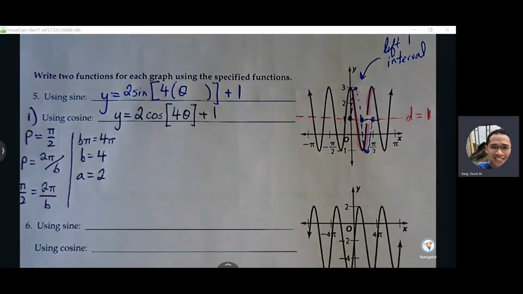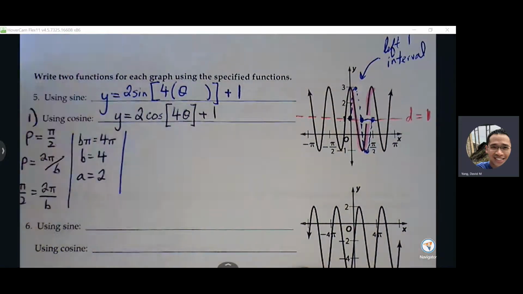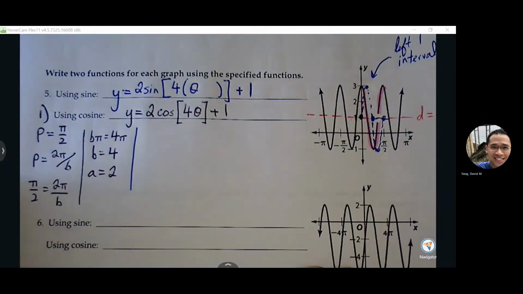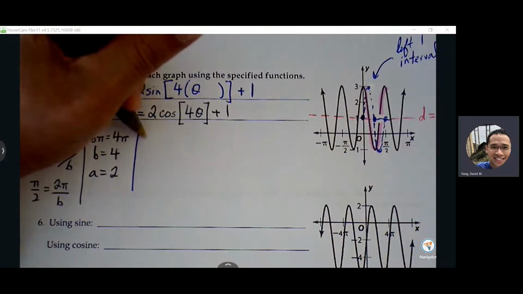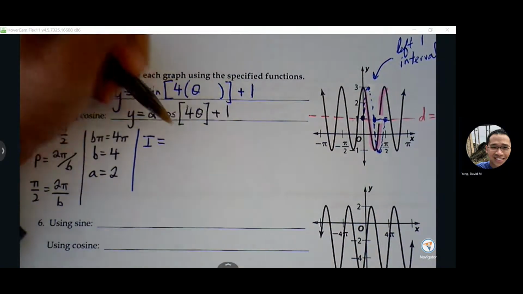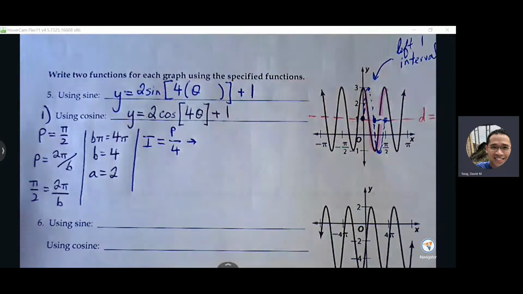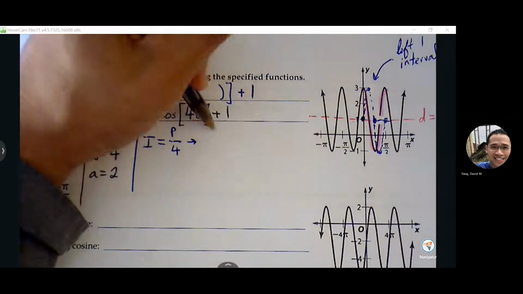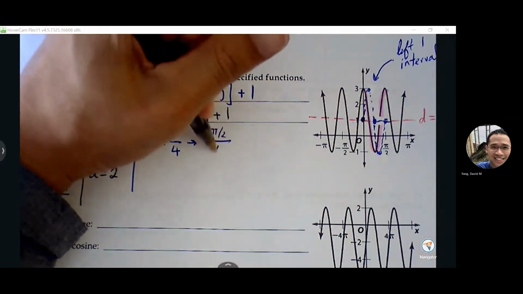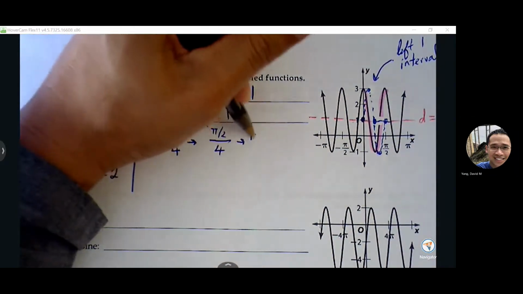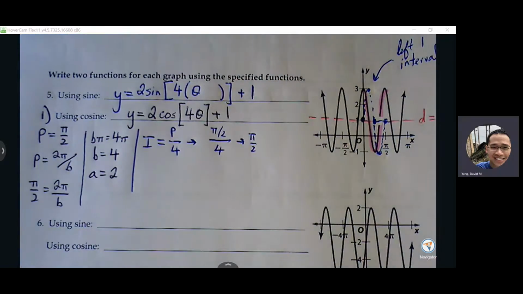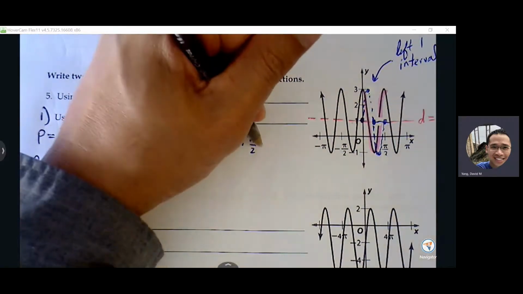Now the interval is not very clear, so is there a way for us to find what that interval is? We've got a formula, right? What's our formula for interval? Period over 4. We have our period, which is pi over 2. Dividing by a number is the same thing as multiplying by the reciprocal.